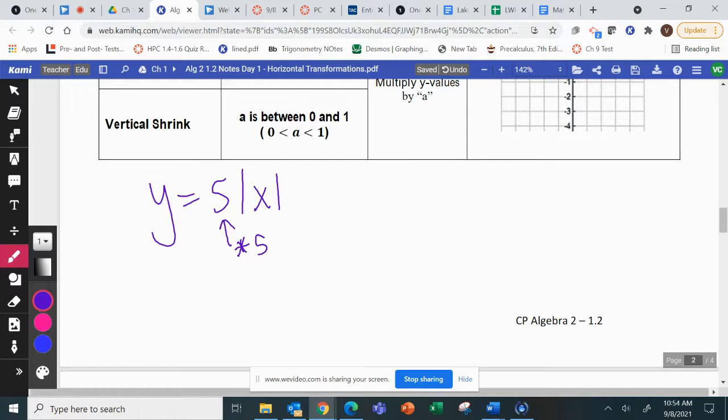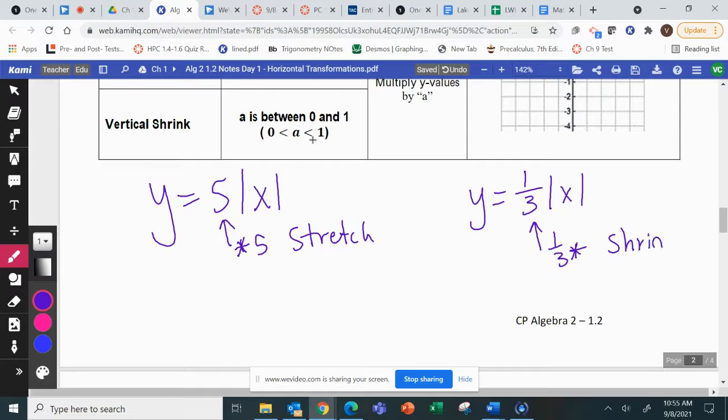Right. Bigger, that is a stretch. 5 times something is a bigger number. But if I have y equals 1/3 absolute value of x, 1/3 of something will make it smaller. So if I take 1/3 and multiply it by numbers, that's going to be a shrink. This is all common sense.